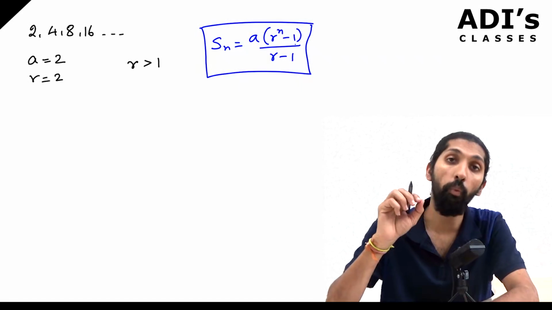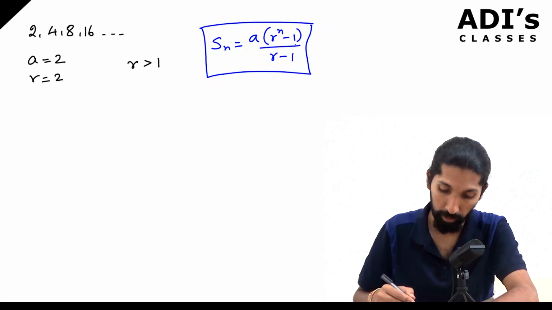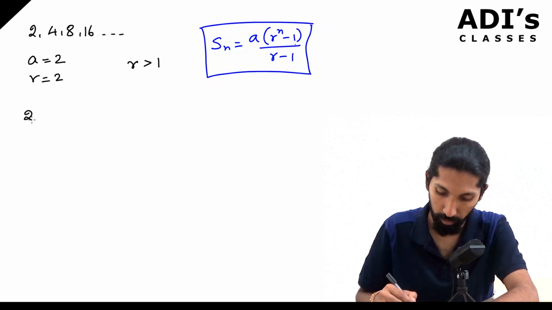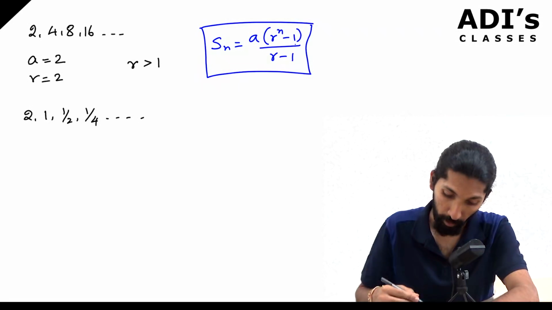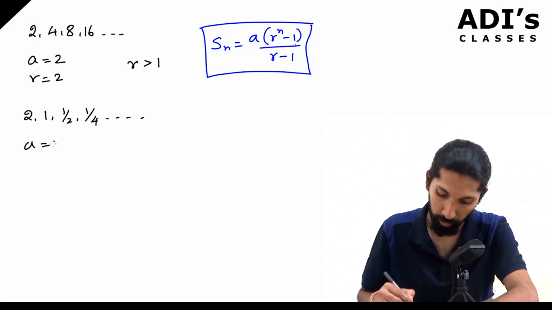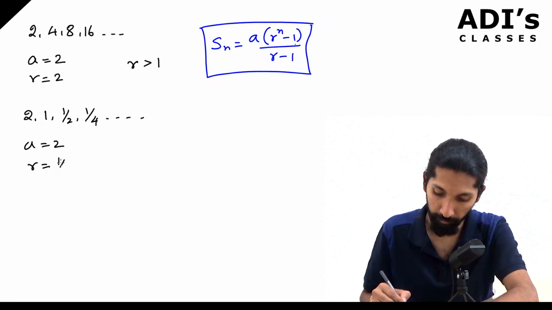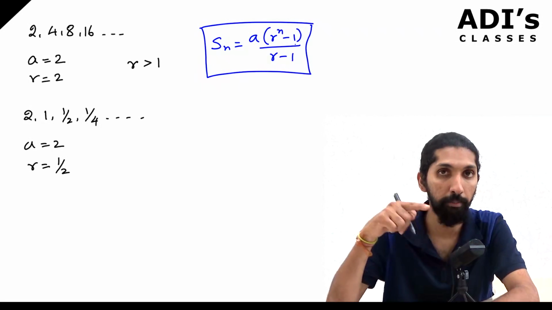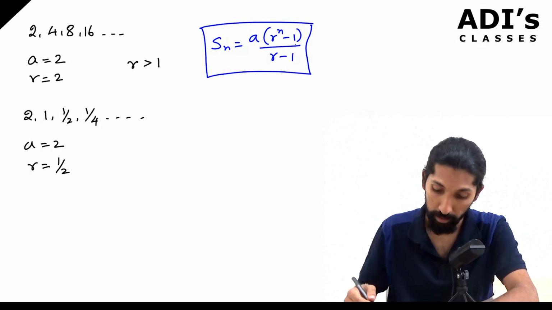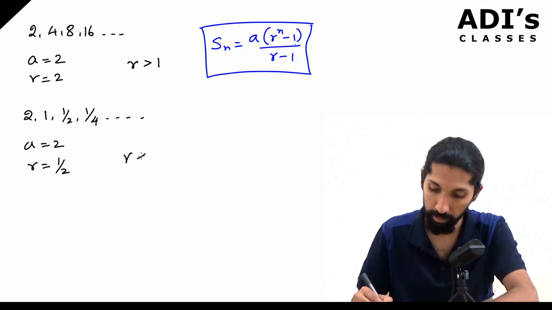What if the sequence is something like this? Say you have 2, 1, half, 1 by 4, so on and so forth. The a value is still 2, but the r value is half, correct? You're dividing by 2, or you can say multiplying by half. See here, the r value is less than 1.